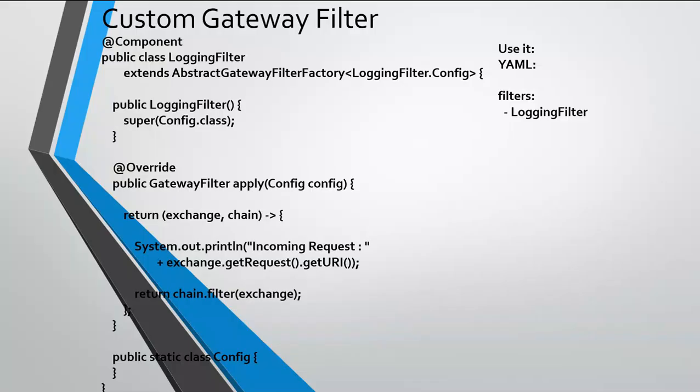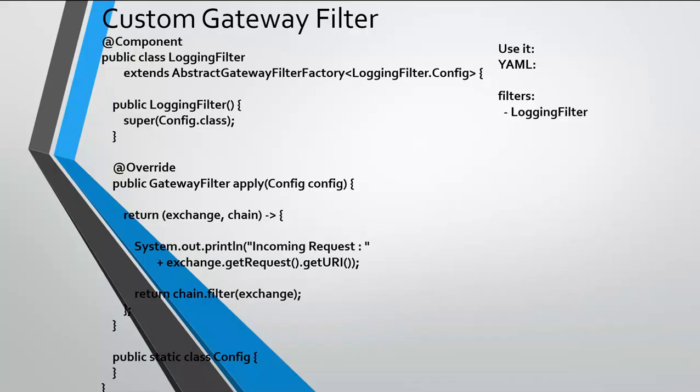These are the methods, like the logging filter and the super config class. It is calling that constructor, and the overridden method, gateway filter apply, will be like this. We are passing the configuration here.